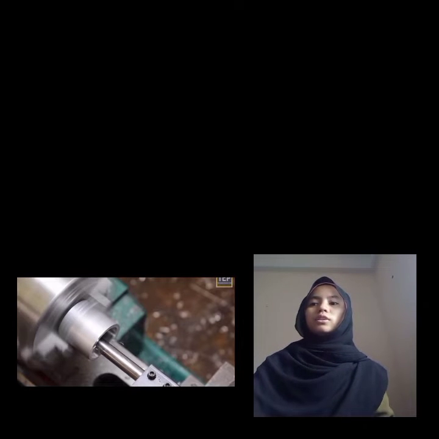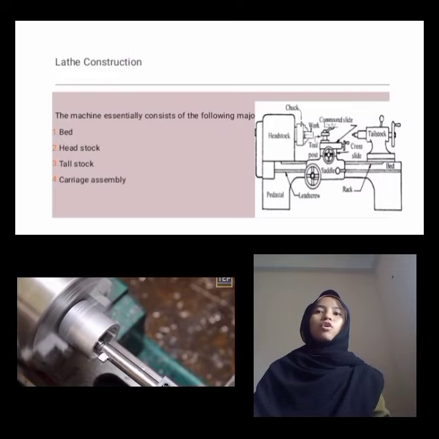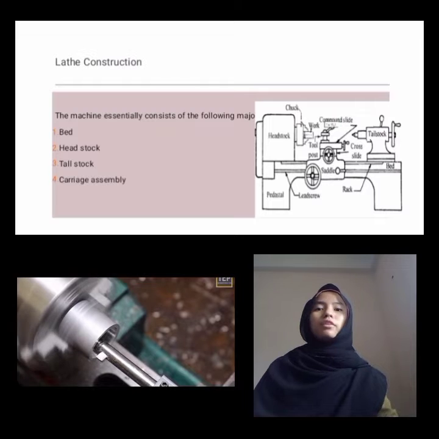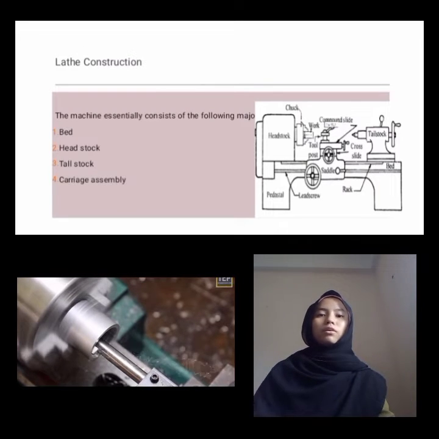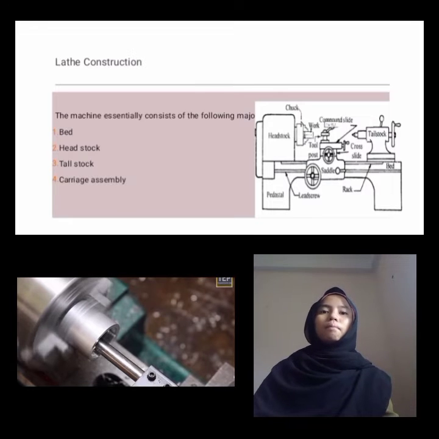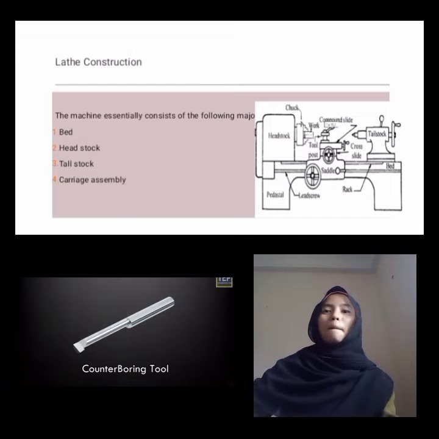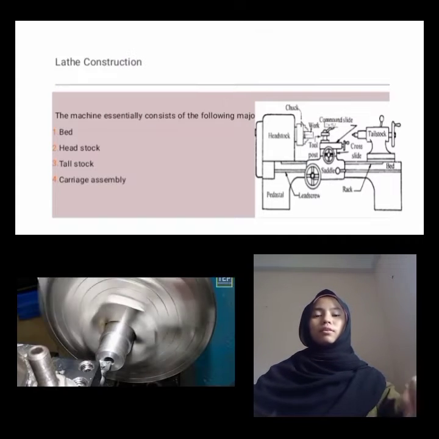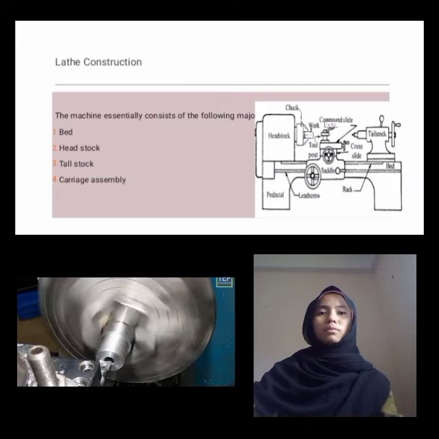So slide number 5 is lathe machine construction. So we can learn the parts of the lathe machine. At the front of the lathe machine we have the head stock, and at the back of the lathe machine is the tail stock.